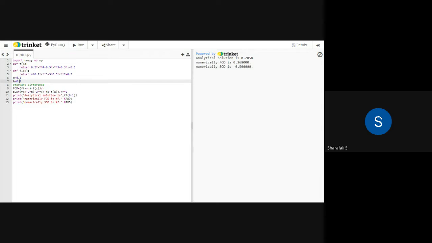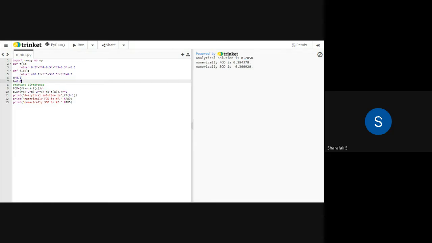When you reduce this h value, which means reducing delta x, the change in x between those points, let's say to 0.01, you can see this is 0.268 and this is 0.2858. Now I will run after making h equal to 0.01. You can see now it is 0.284 and this is 0.2858. When you reduce the h value, it gets much closer to the analytical value.